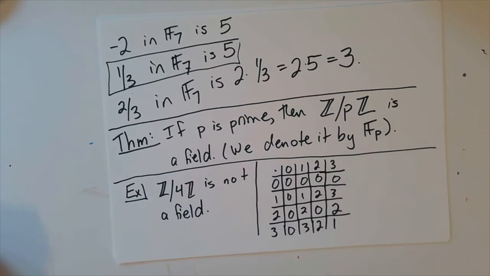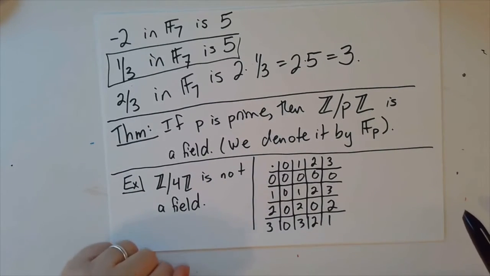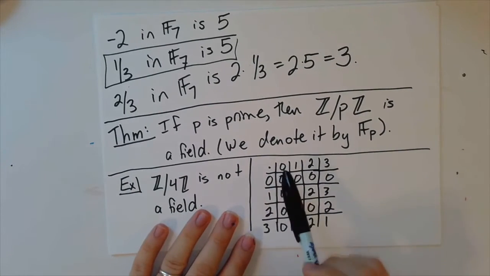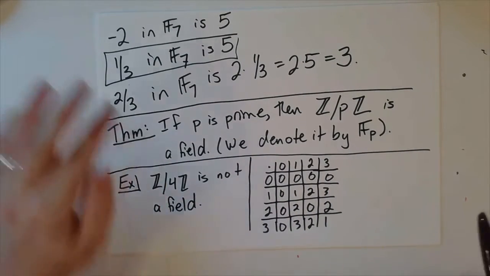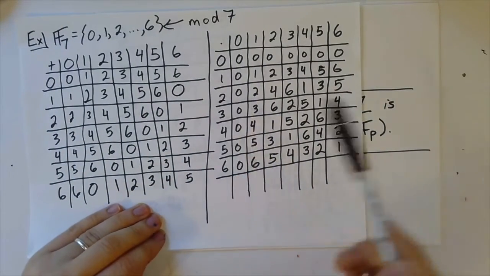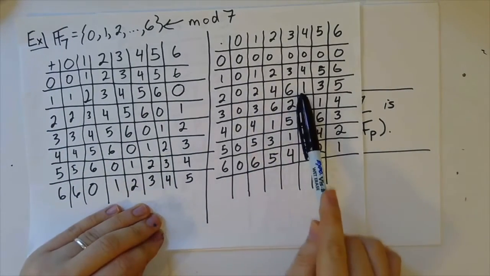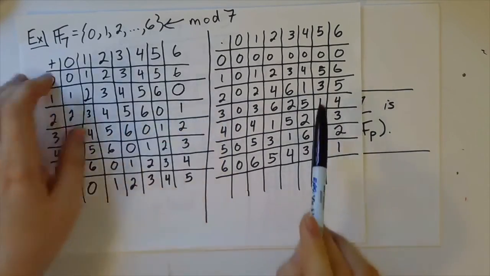Why? Because remember, everything has to have a multiplicative inverse, except 0. That is, for every non-zero element, I have to have something I can multiply it by to get 1, which, remember, translated in the table to there being a 1 in every row. Namely, that 1 tells me the thing I have to multiply, for example, 2 by in order to get 1.